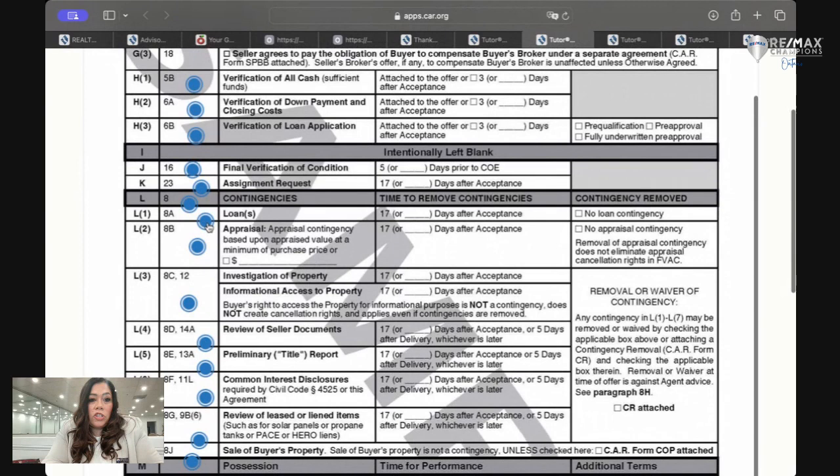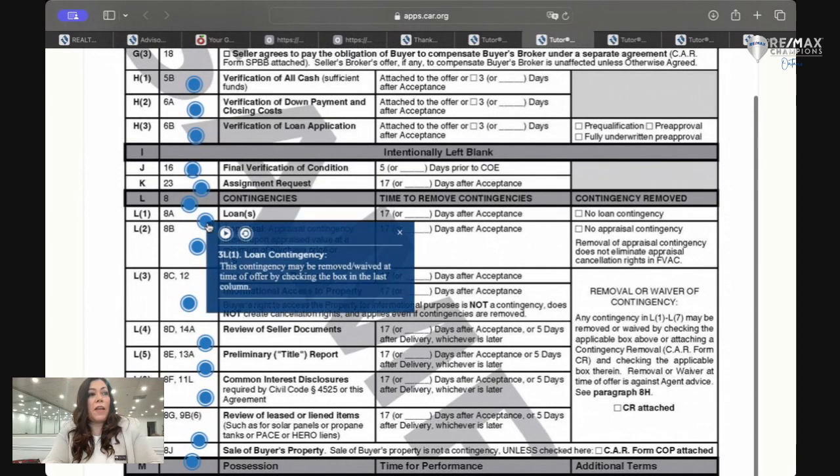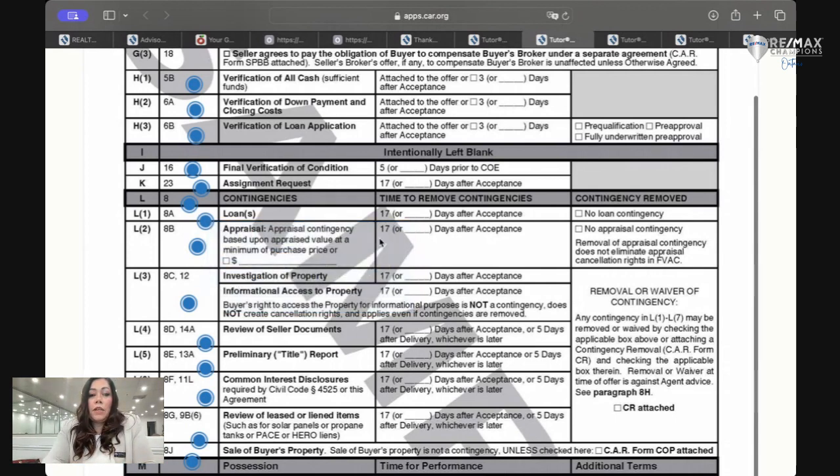So loan contingencies, here we get into our favorite, right? Contingencies. The loan contingency may be waived or removed at the time of the offer or a specified date. But it's important to make sure when you're writing the offer, or if you're a listing agent reading the offer and you want to counter, that you're giving them a fair amount of time.